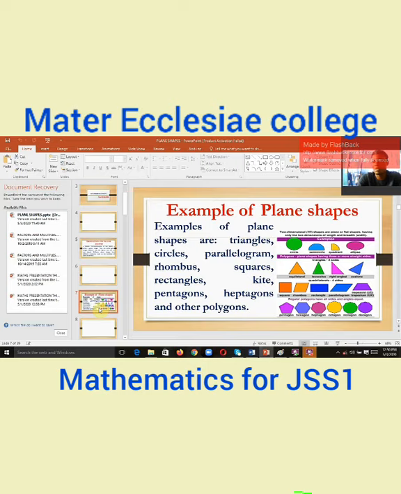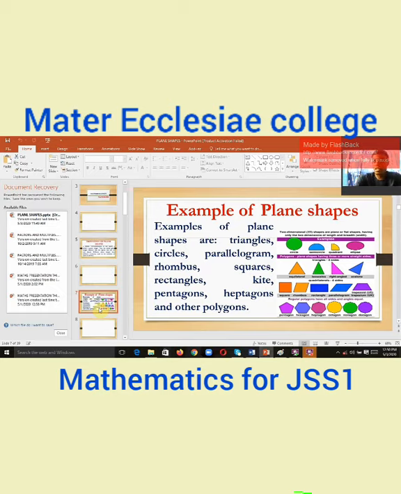So they have two dimensions, length and breadth. You can see other examples: triangles, squares, rhombus, rectangles, and other polygons such as pentagons, hexagon, octagon, and so on.